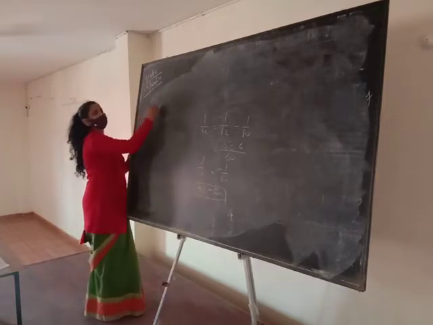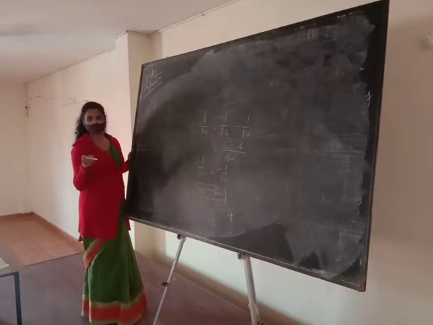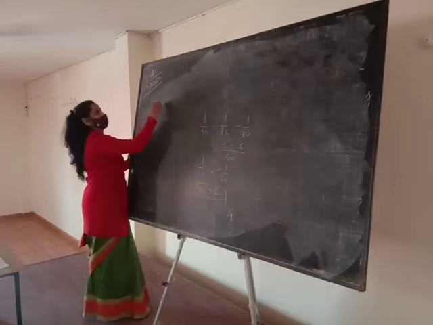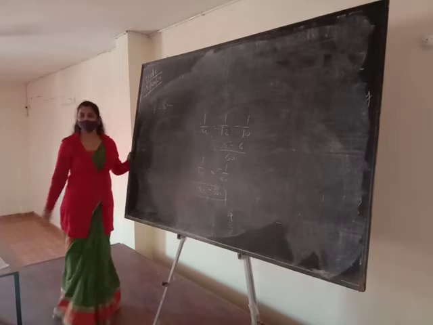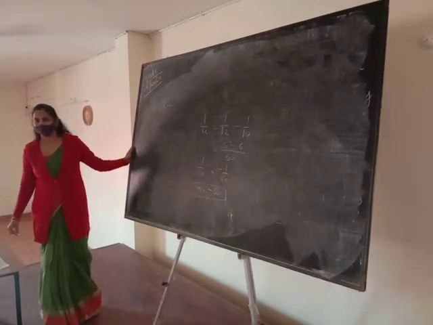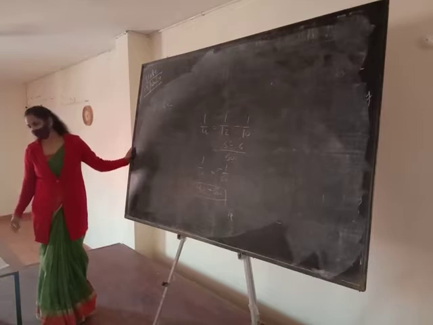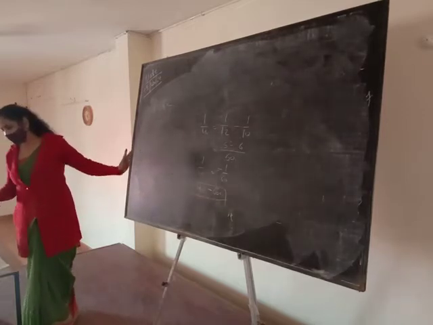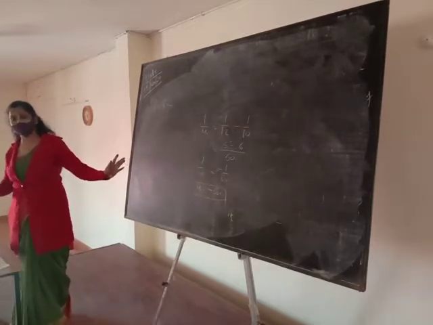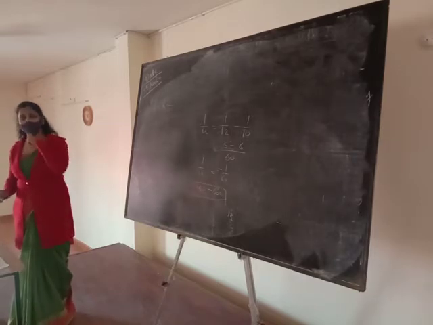f is equal to plus or minus? Plus 8 centimeter, and an object of height 7 centimeter placed at a distance of 12 centimeter from the lens. What else is given in the question?